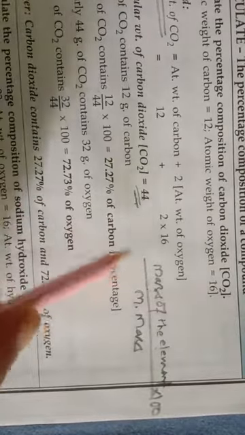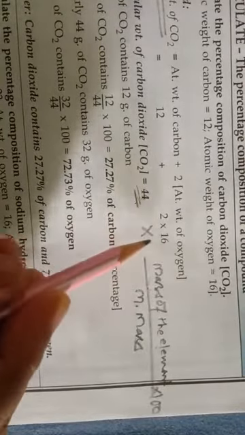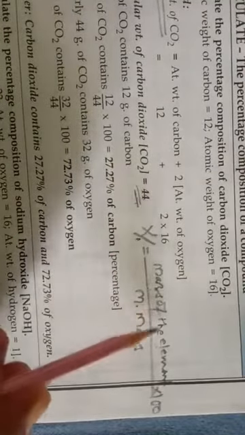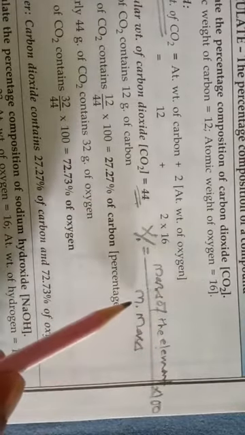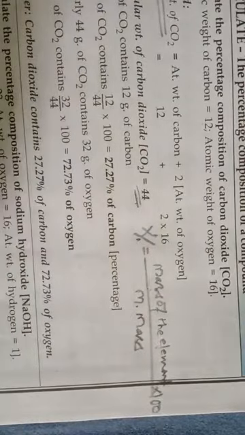So let the element be X, then the percentage of the element X will be the mass of the element X in the compound divided by the molecular mass into 100.